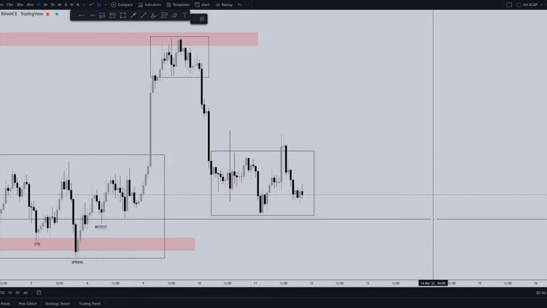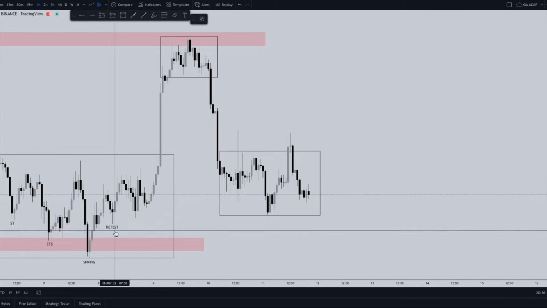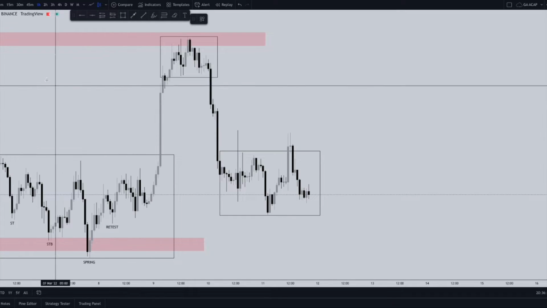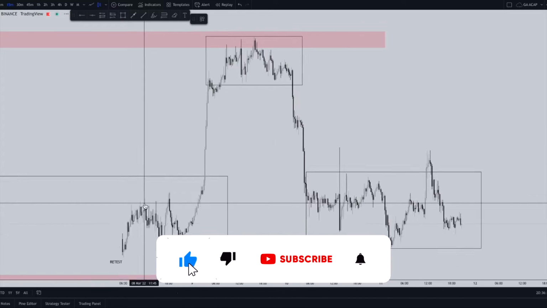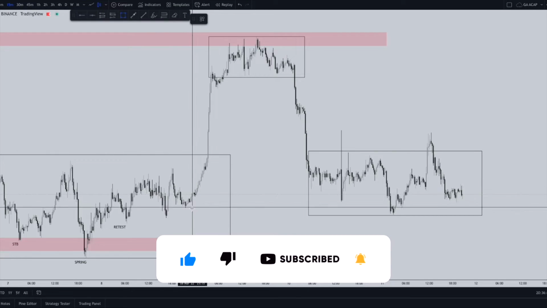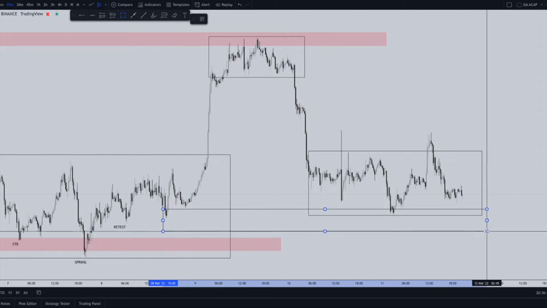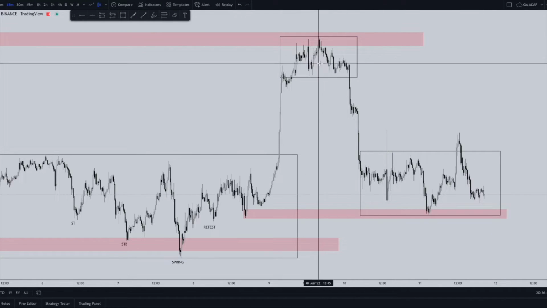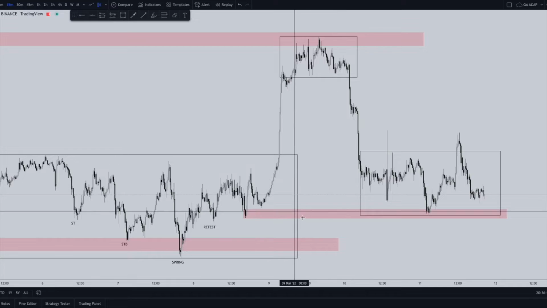So what can we say about this? If we do drop in, you can see that this is a demand zone here that price did probably tap into if we drop into lower time frames. Let's just quickly annotate this zone. So yeah, you can see here that this is a very strong demand zone. Oh yeah, by the way, this is a supply zone, not a demand. So demands are at the bottom.